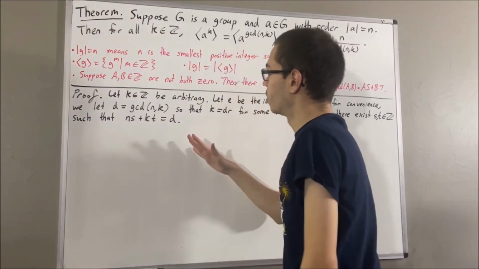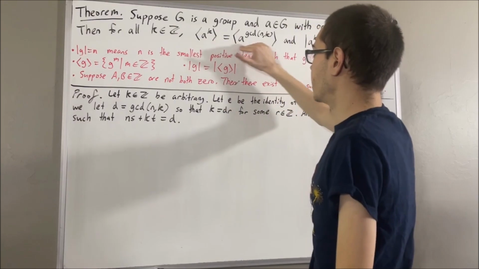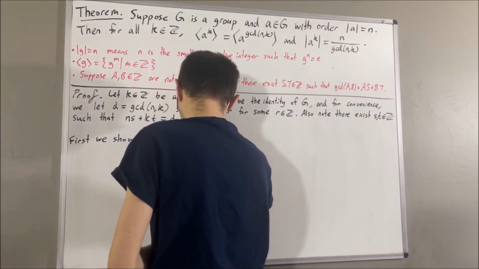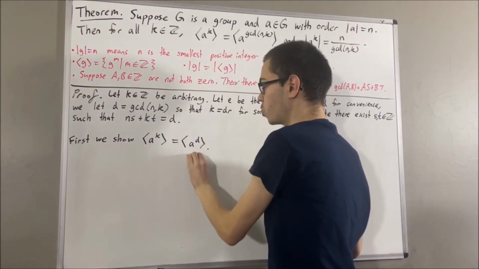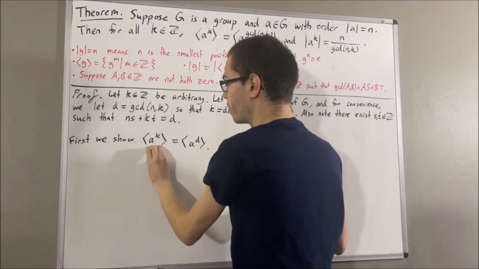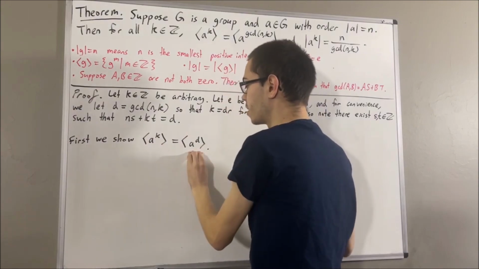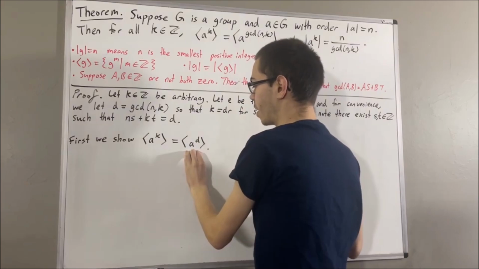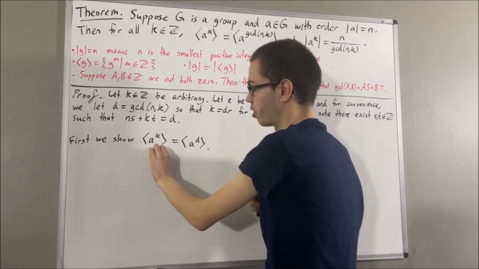Okay, now let's first show that these two groups are equal. We're going to show that the group generated by a^k is a subset of the group generated by a^d, and we're going to show that the group generated by a^d is a subset of the group generated by a^k.